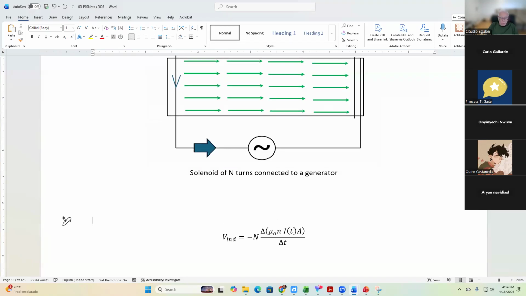Now, we introduce a second solenoid coaxially with the first one.